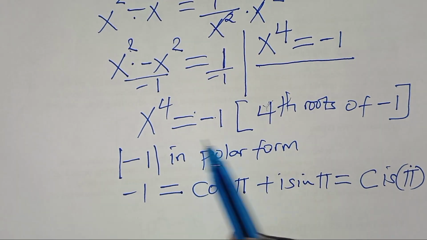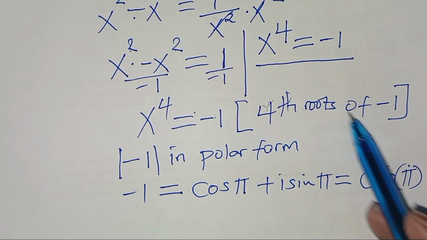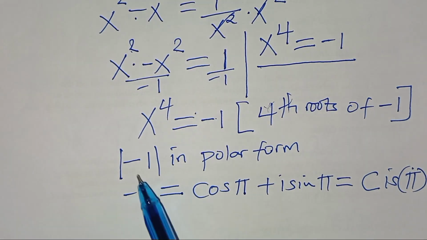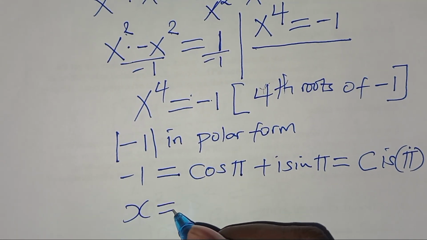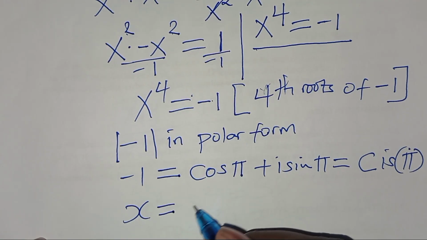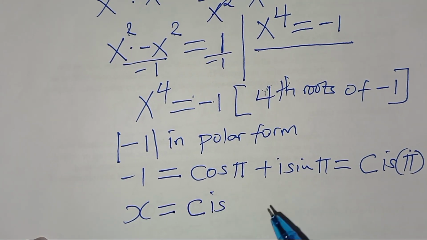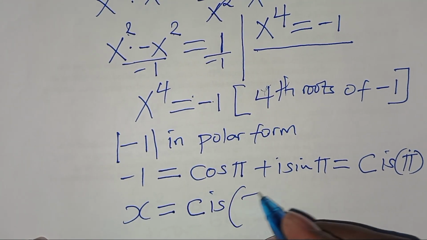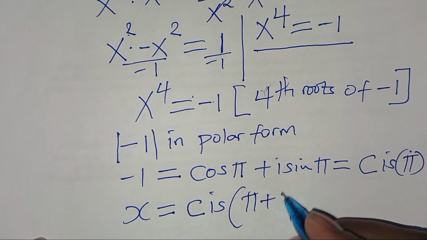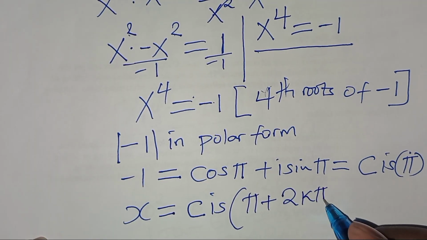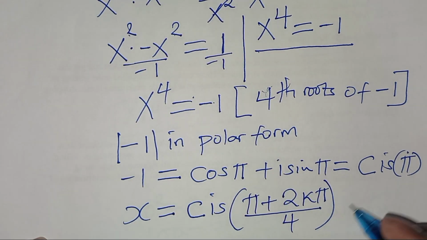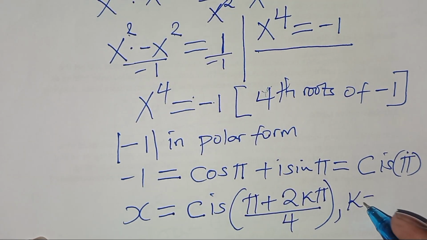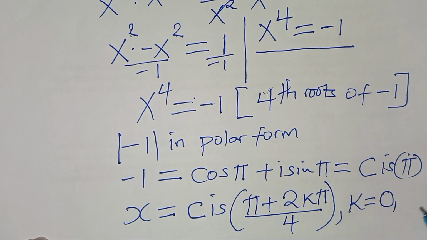Remember, the values of x are the fourth roots of this polar form of negative 1. So x is equal to cosine plus i sine of pi plus 2k pi divided by 4, for the values of k from 0, 1, 2, and 3.